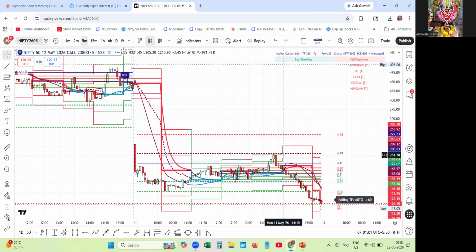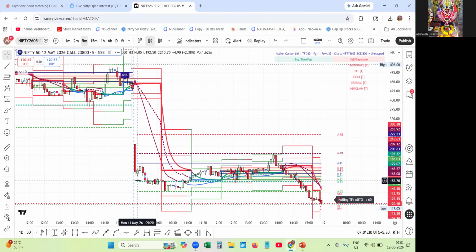Like this, you can utilize this Nalini Precision Engine for your option trade. Option buying becomes easy for you. You can guess what the market is doing, whether it is taking support or not. The morning layers will help you map the entire open interest data, and change in open interest also.